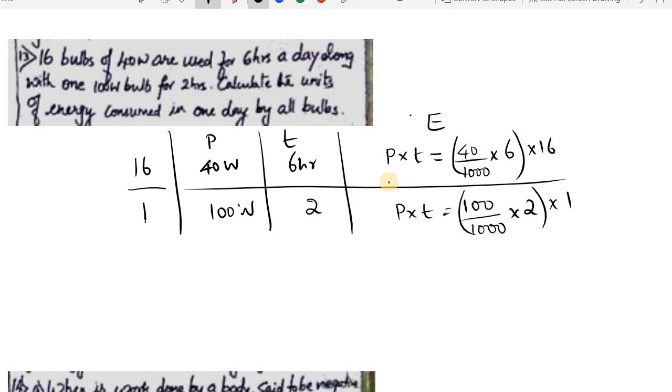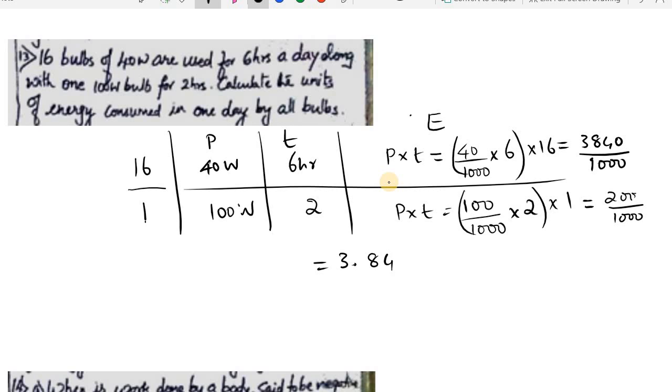So if I were to add up the whole thing, I will get 3840 by 1000, and here it would be 200 by 1000.